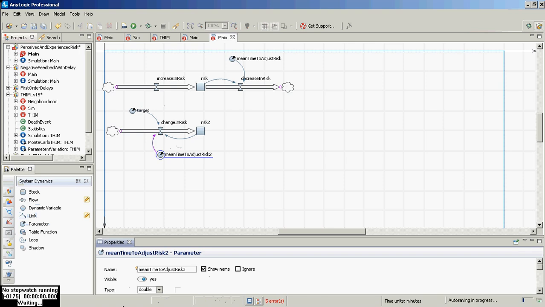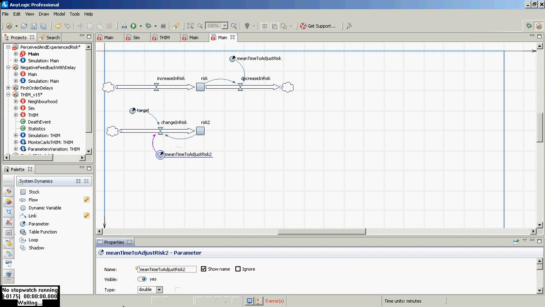Now we're going to build on this in a bit. And then the change in risk is going to be what? Okay, what's in the numerator for the change in risk? Target minus risk 2. And what's in the denominator? Mean time.